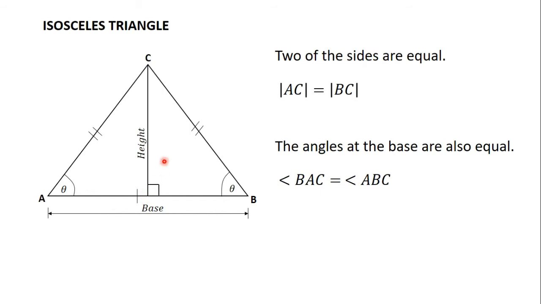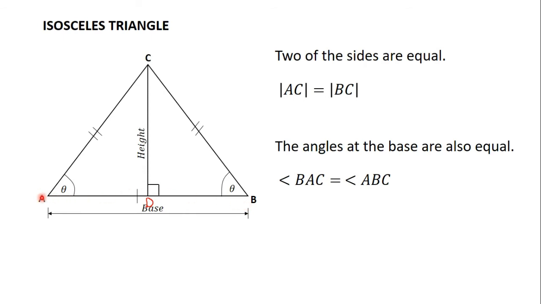One very important thing about the isosceles triangle is that because the line from C to the base is a perpendicular line, it is going to divide the length AB into two equal parts. Let's say I call the point where the perpendicular line meets AB point D. Because the line CD is a perpendicular line, it is going to divide AB into two equal parts.